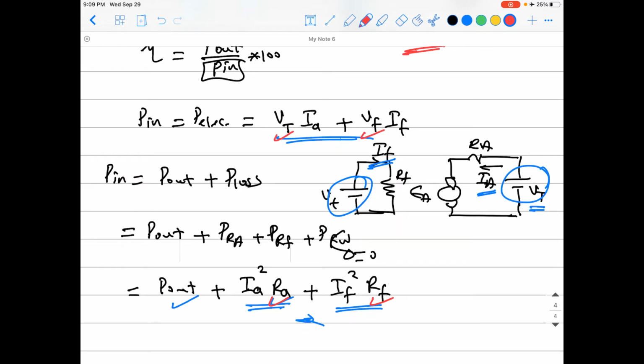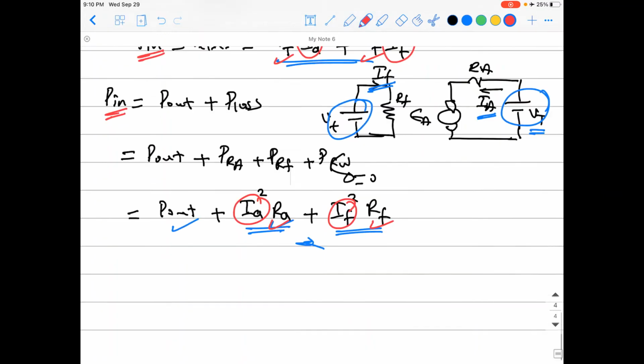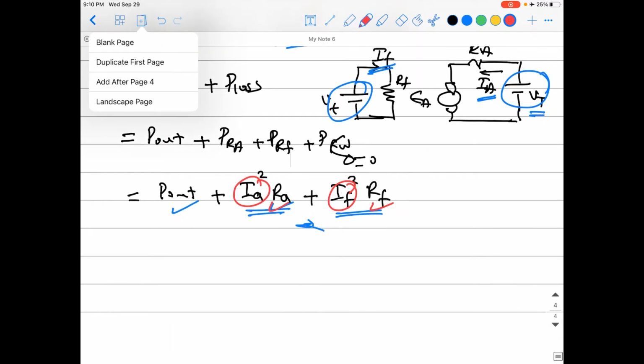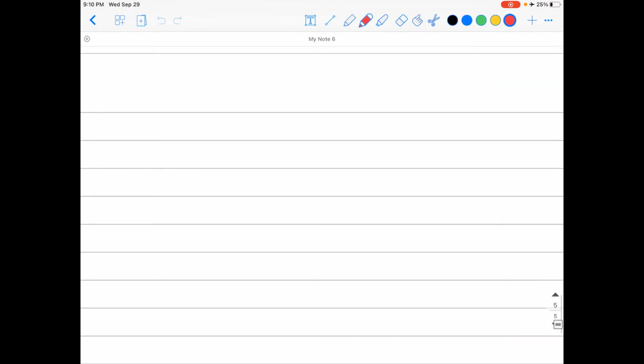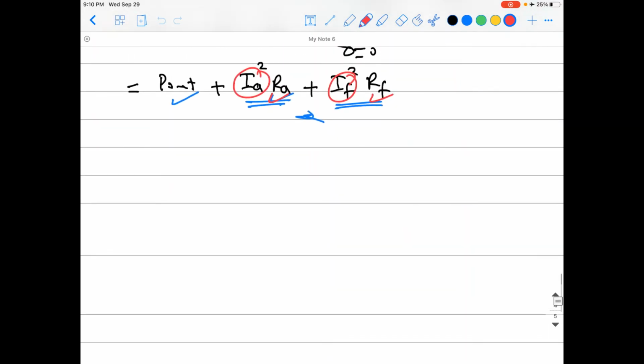But that means at all times you need to find IA and IF. And now you can use either equations of those to find the input power. Okay? So our goal is finding the currents. How to find the currents.